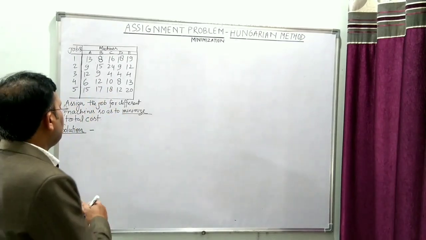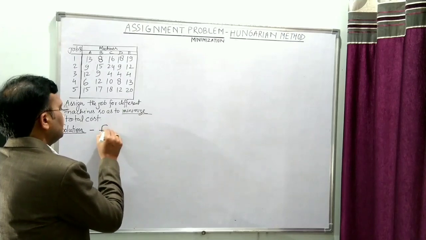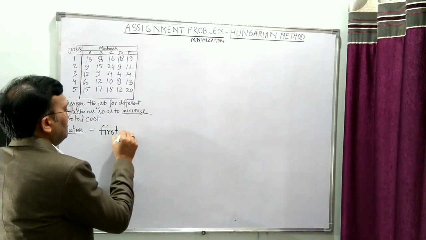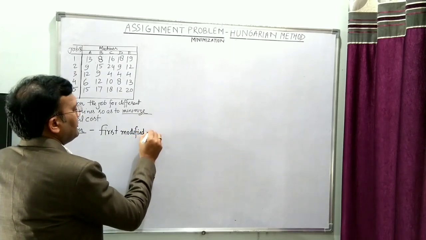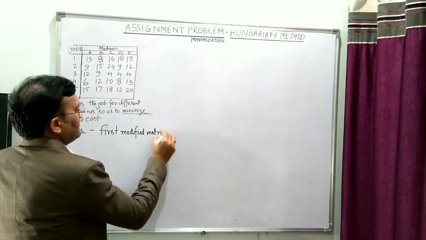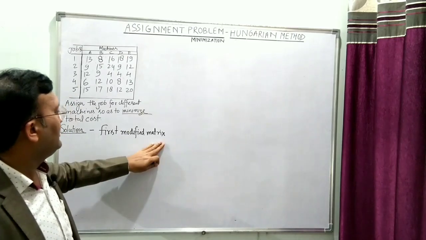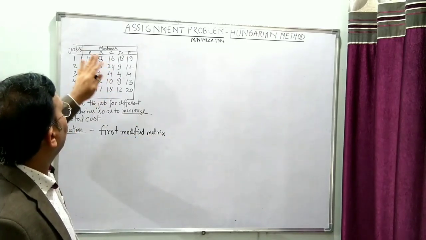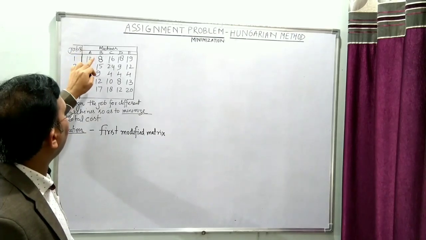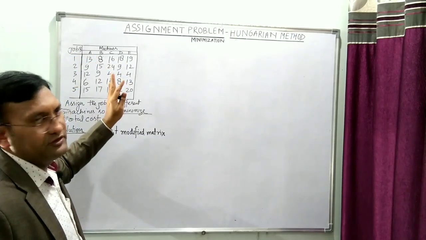First of all, we need to find out the first modified matrix, right? How will we be calculating the first modified matrix? We will be finding the minimum element in all the rows, right?